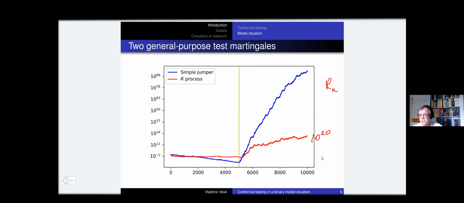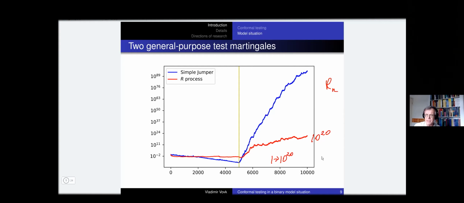It's designed for some Markov alternatives. But they decided to just apply this process outside the domain for which it was designed. And they still got this excellent result, 10 to the 20. So they can turn 1 into 10 to the 20, which means the hypothesis should be rejected.